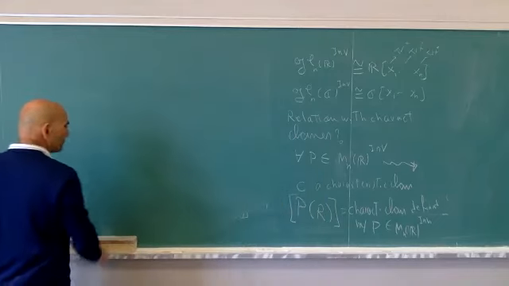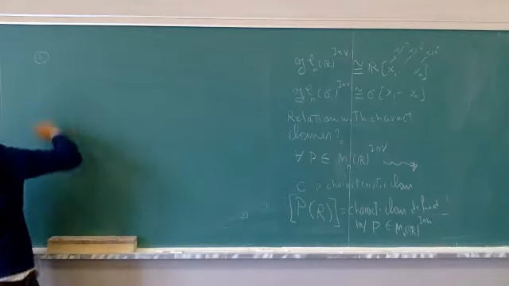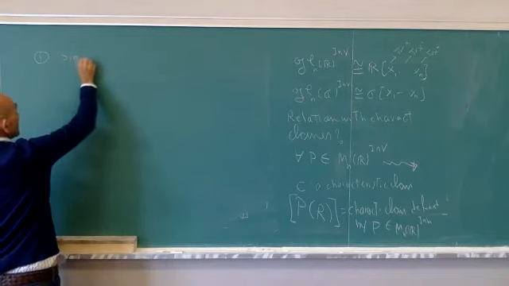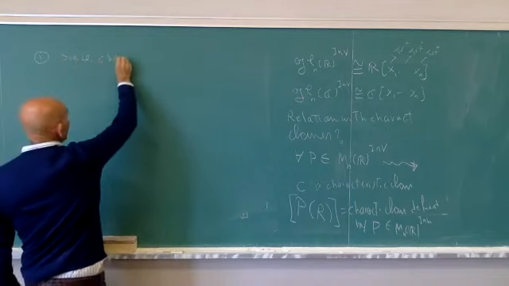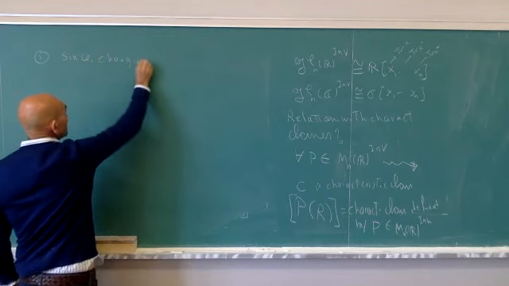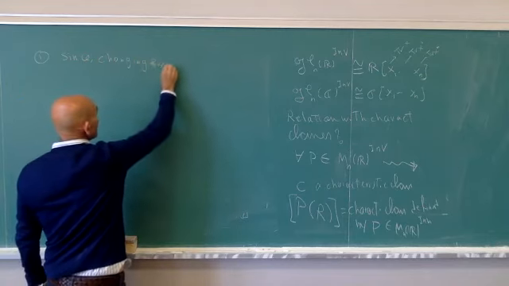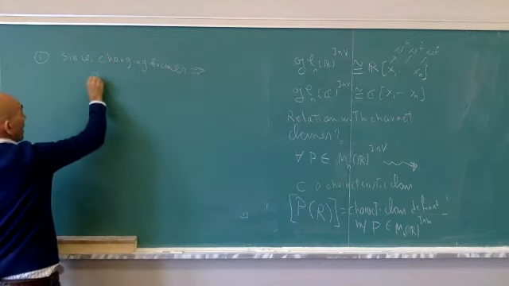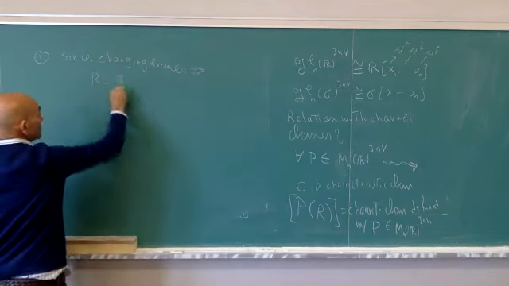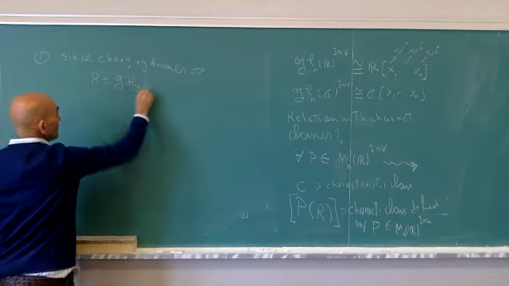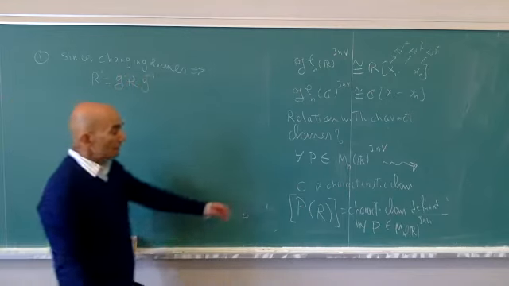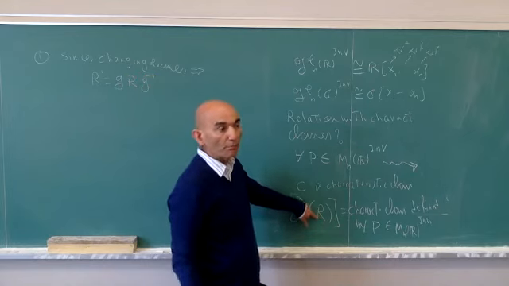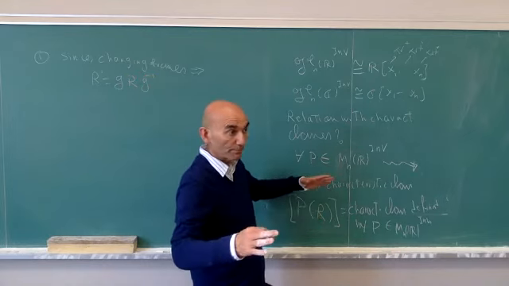But issue one: changing frames gives R prime something like G R G inverse. Because you see, if you change your frames, you'll get a different matrix of two-forms, right?